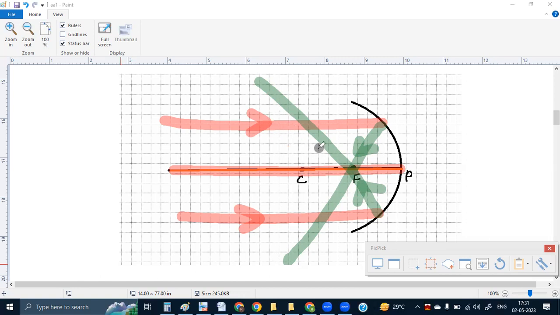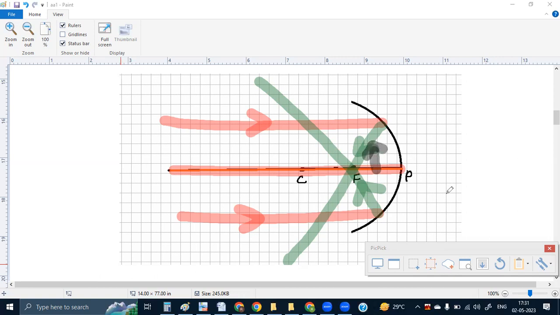The fourth position is when the object is between the center of curvature and the principal focus. The next is when the object is at the principal focus. And the last one is when the object is between the focus and the pole of the mirror.